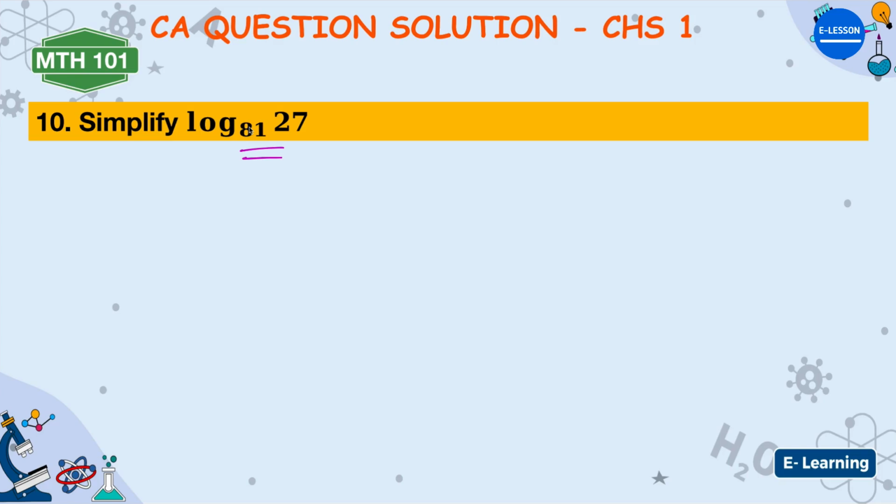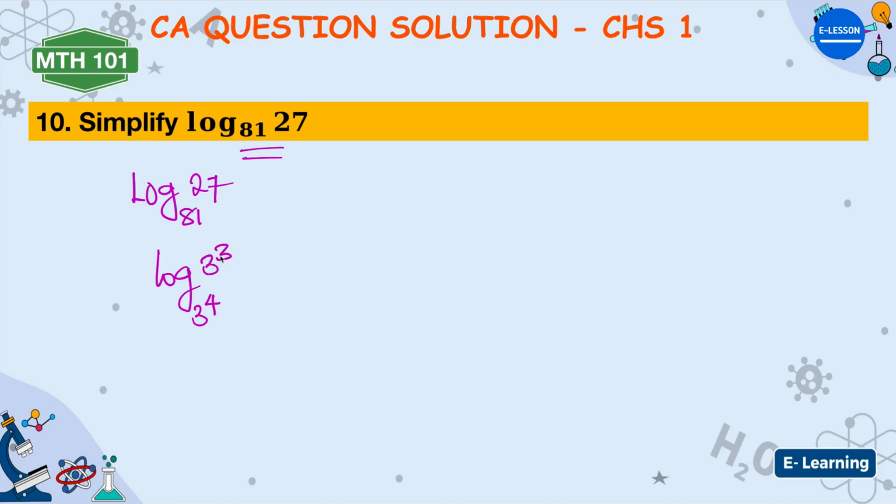It's very simple. First of all, you write log 27 base 81. Now 81 can also be written as 3 raised to the power of 4. 27 can also be written as what? 3 raised to the power of 3.